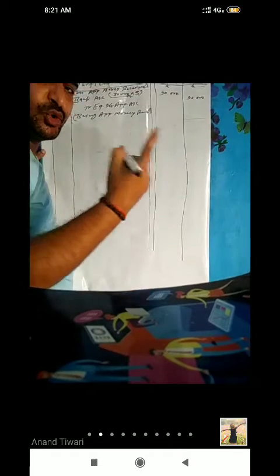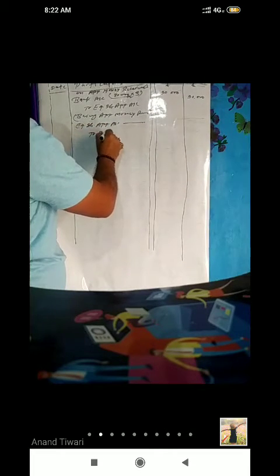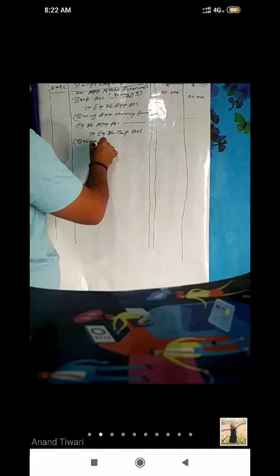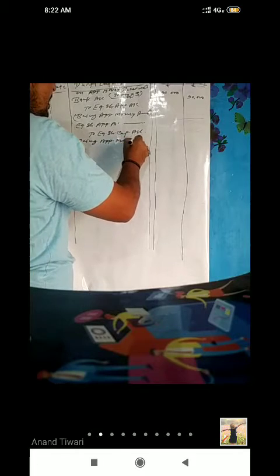And then transfer of application money to capital account. The entry will be equity share application account debit to equity share capital account, being application money transfer.